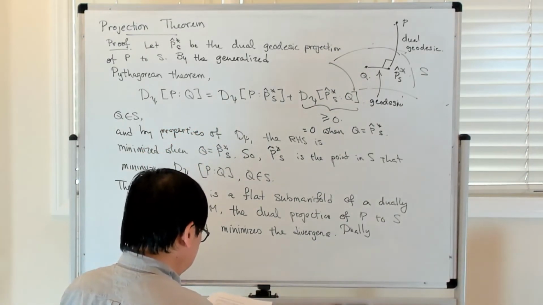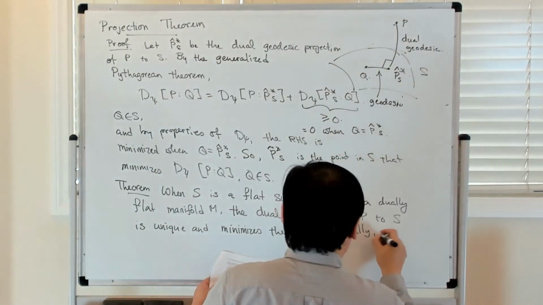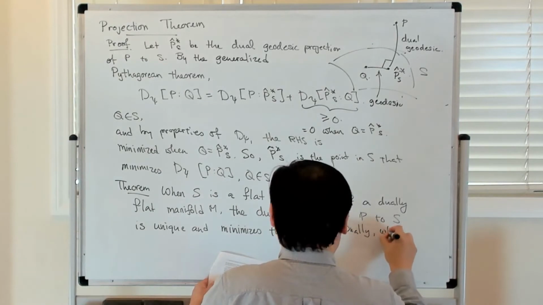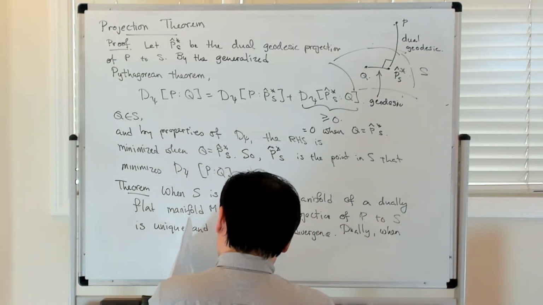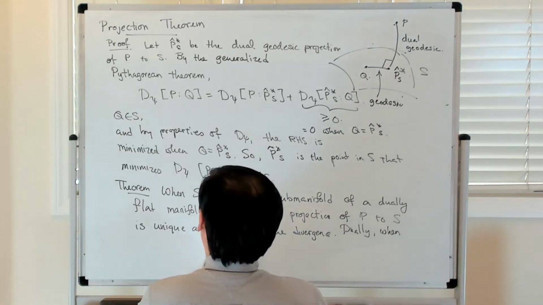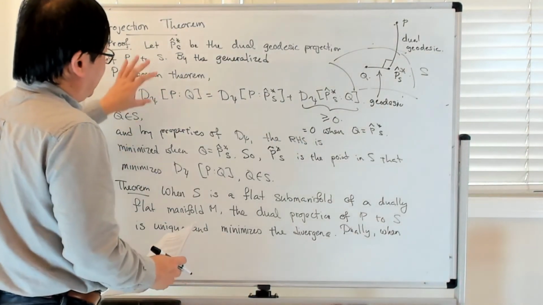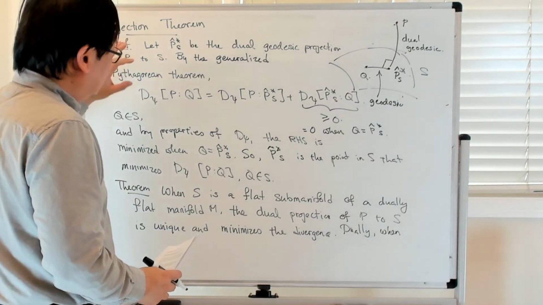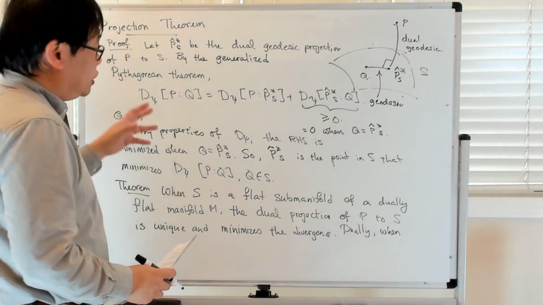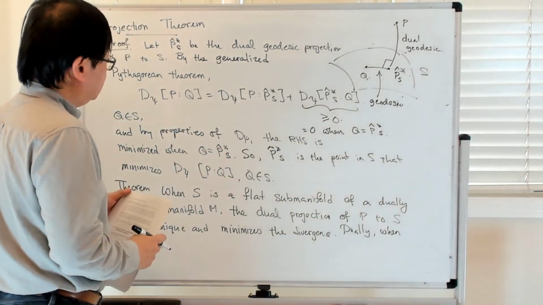Actually, I take it back. There's a reason why the theorem was stated the way it was in the book, because the projection theorem is not an if and only if statement, right?